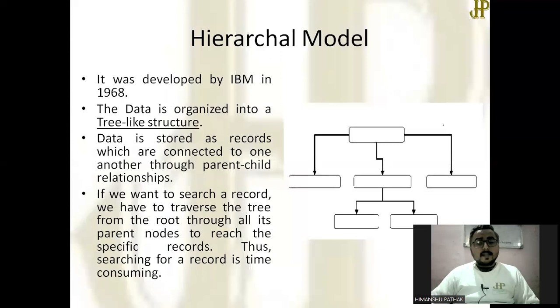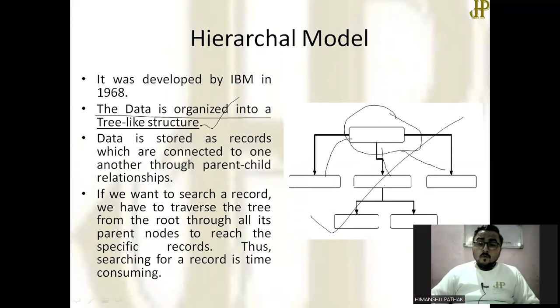So first one is hierarchical. As the name suggests, the data is organized into a tree-like structure. Like here, there is a root, and after that there are branches, and for these branches there are more children available.